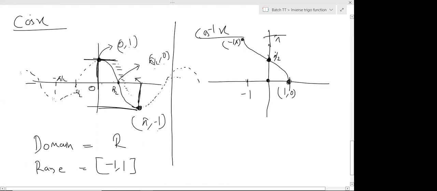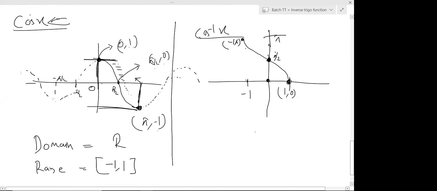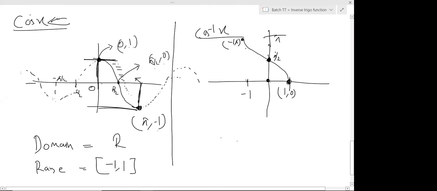Again, cos x takes angles, but cos inverse x takes values. So the range of sin x and cos x is the same. The domain of cos inverse x will be the x values, which is minus 1 to 1.